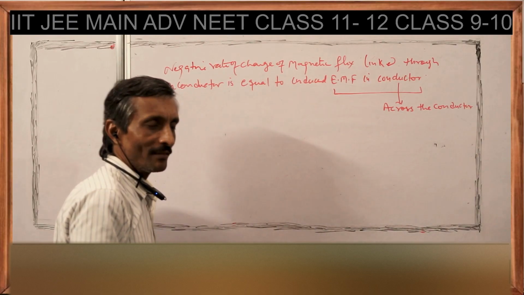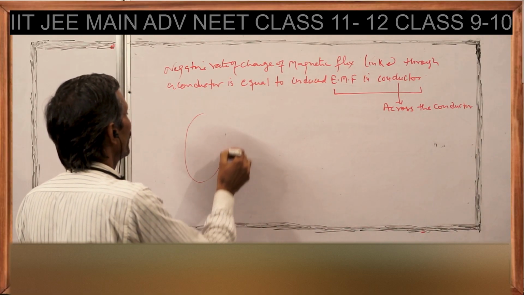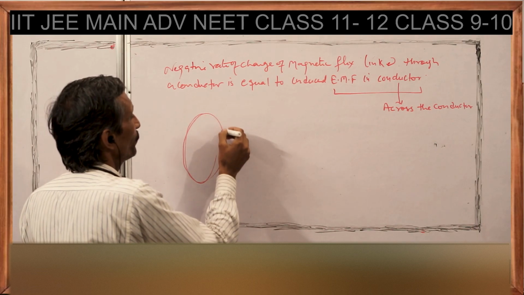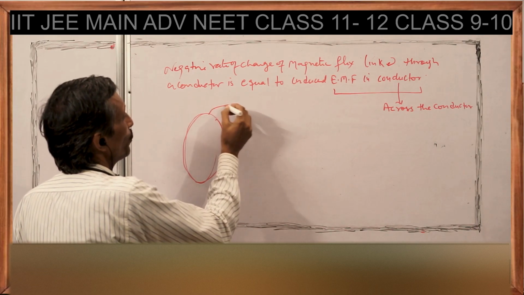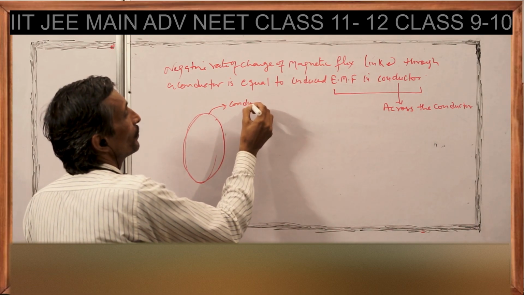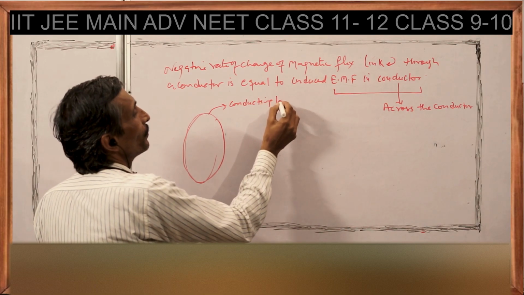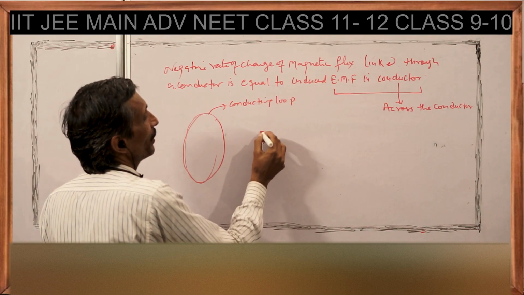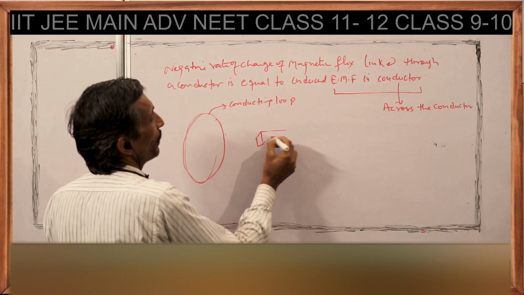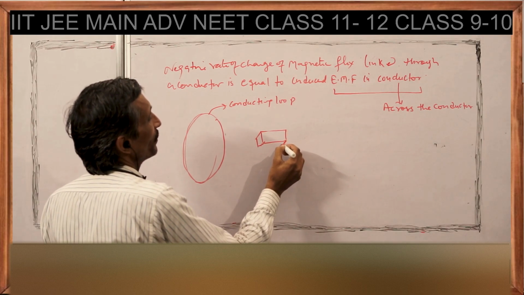And simply, if we consider a conductor, a circular conducting loop, and here we have a magnet of this type.